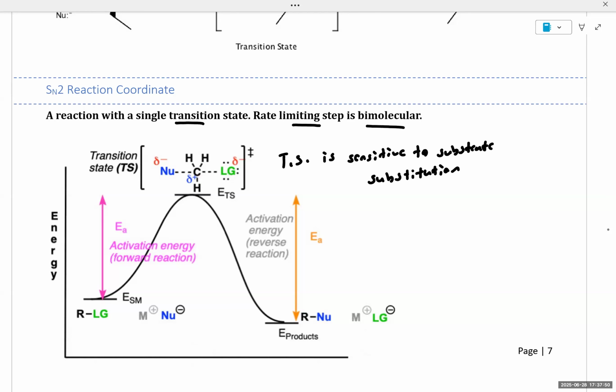The more congested your carbon leaving group bond becomes, the more substituted the carbon with the leaving group becomes, the higher in energy and the more difficult it is to reach this transition state for the SN2 reaction.